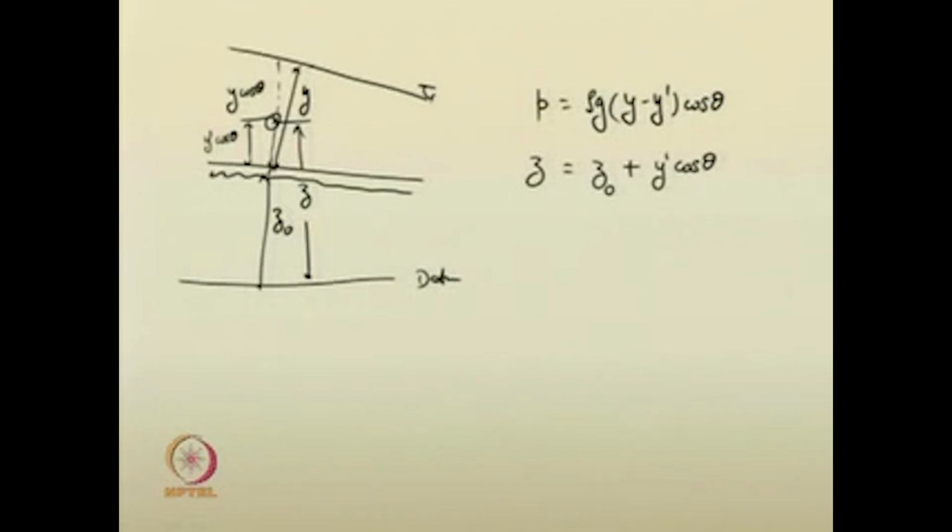You will see that from these two relationships, P by rho is equal to G times y minus y dash cos theta, and G z will be equal to G z0 plus G y dash cos theta.